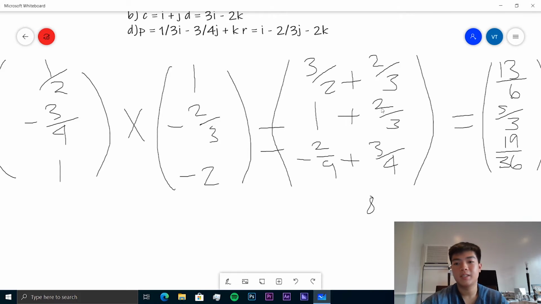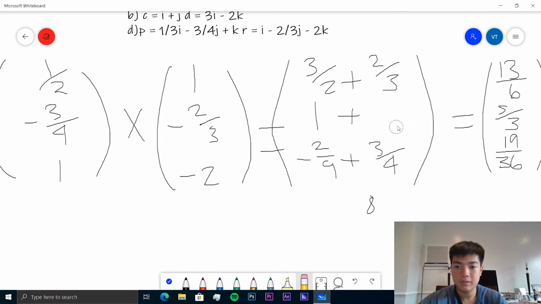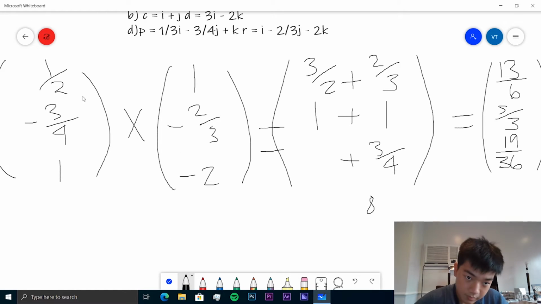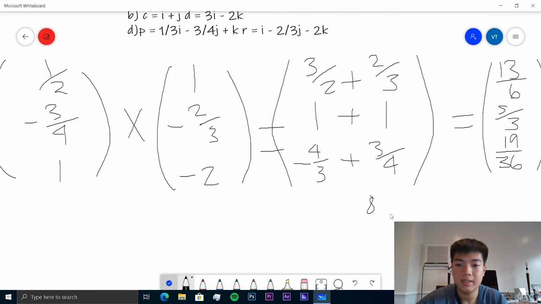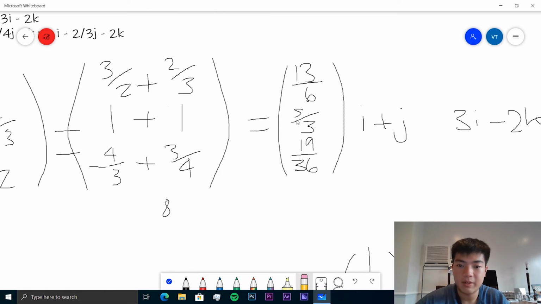So anyways, we need to correct these two. So first, this should be A1, B3. So 1/2 times negative 2 is negative 1. So this is 1 plus 1. It's 2. And this over here should be 1/2 times negative 2/3, which should be negative 1/3. So now let's make the appropriate corrections. So we have 2.